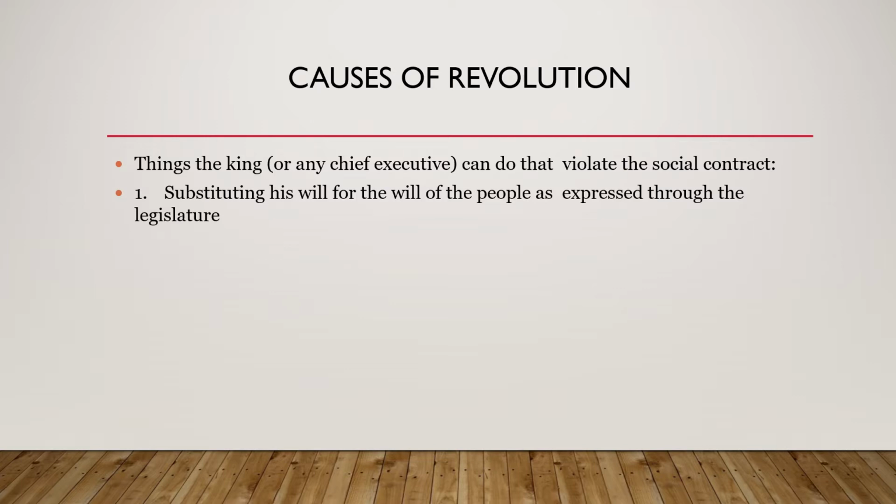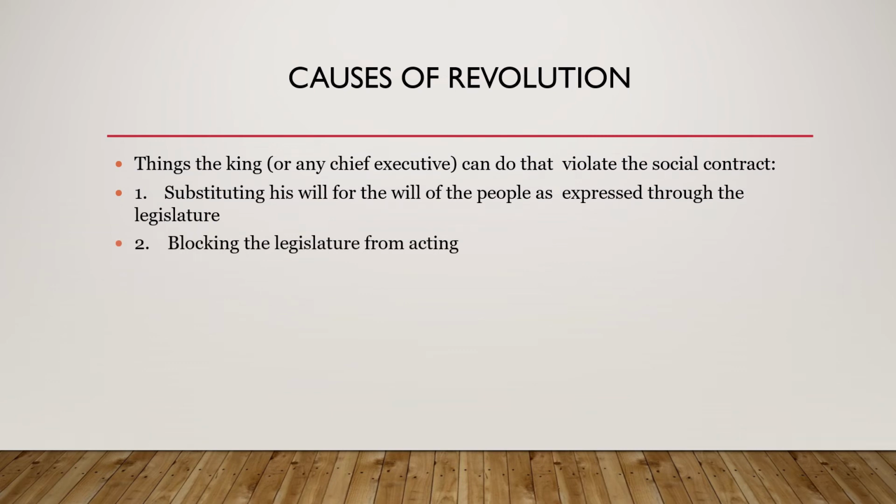Those are the kinds of things that we might look at as people and say, whoa, whoa, whoa, we won't tolerate that from our chief executive. At least Locke says people probably wouldn't tolerate that from their chief executive for very long periods of time.